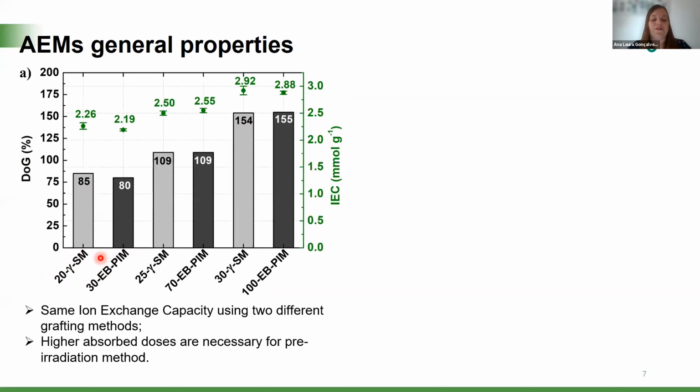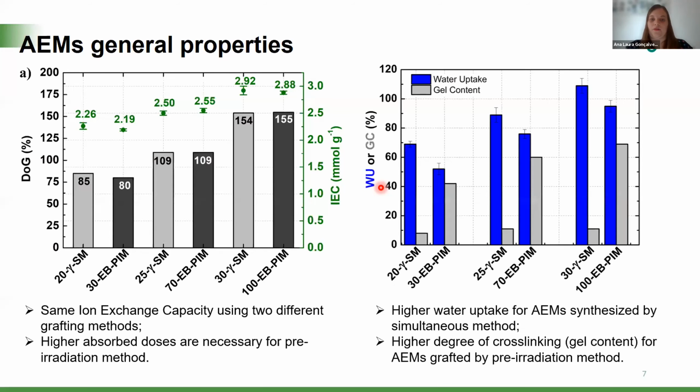We chose specific absorbed doses, which are these numbers here, 20 kGy, 30 kGy, to obtain membranes with comparable degree of grafting, the DOG here, and ion exchange capacity here. Then we could do a systematic analysis of the chemical and structural effects introduced by the grafting method.